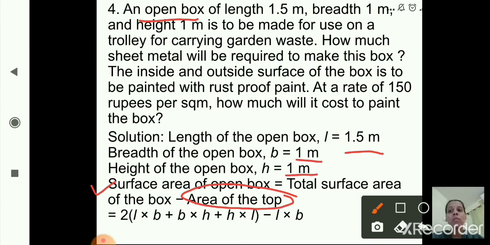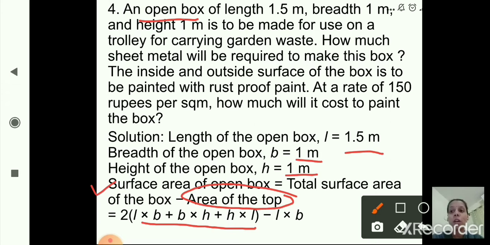Okay, so what is the formula to find out total surface area of the box? That we know, 2 outside the bracket, inside the bracket, L into B plus B into H plus H into L. Okay, this formula we know, 2 in bracket L into B plus B into H plus H into L minus area of the top. Why minus area of the top?